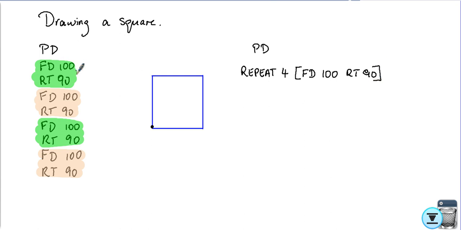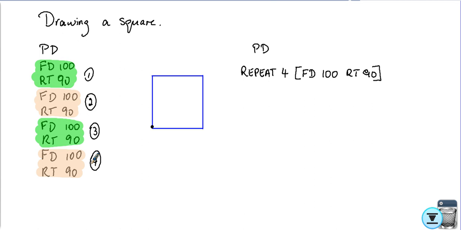Forward 100, right 90, it's being repeated for 1, 2, 3, and 4 times. So from what we can see, repeating 4 times those forward 100, right 90, the turtle should draw a square. I will show you one in moments.